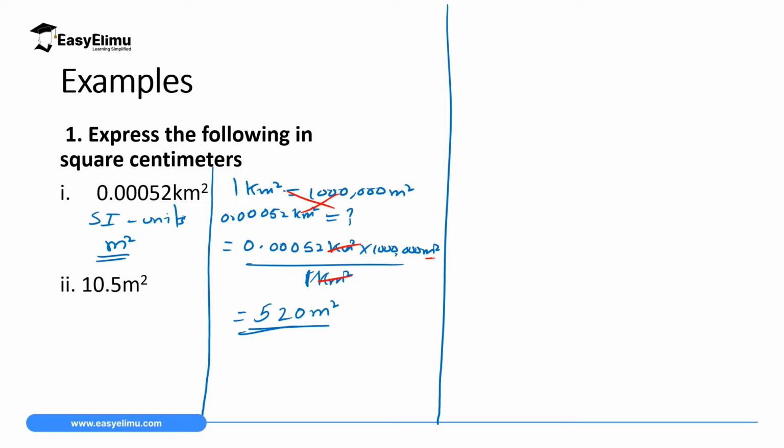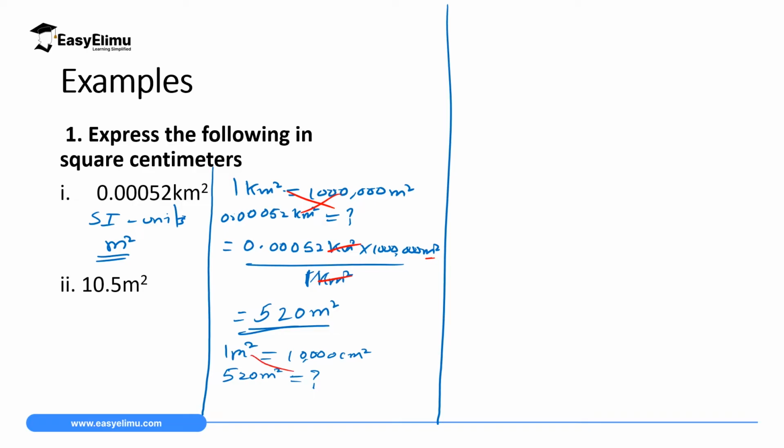Now, after we have converted it to square meter, we can convert it to square centimeter. Remember we said 1 square meter is equal to 10,000 square centimeters. Now if we have been given 520 square meter, how many square centimeters are there?